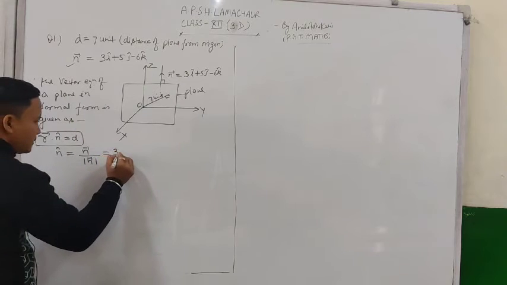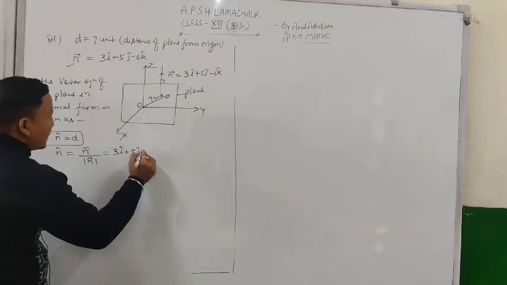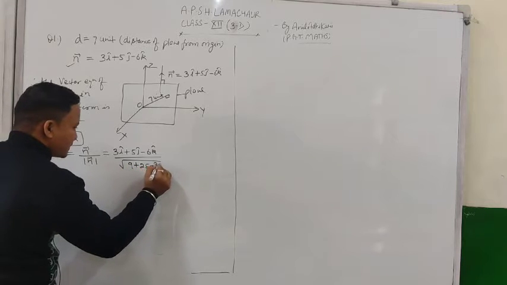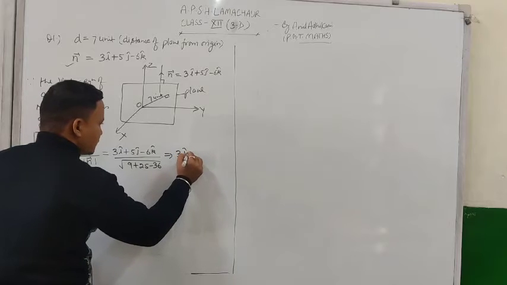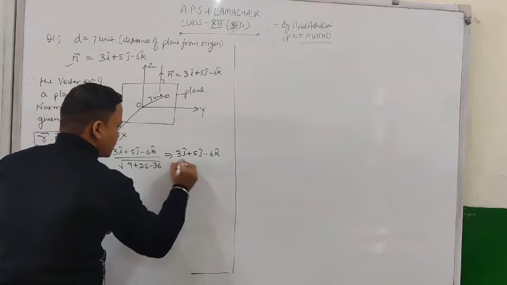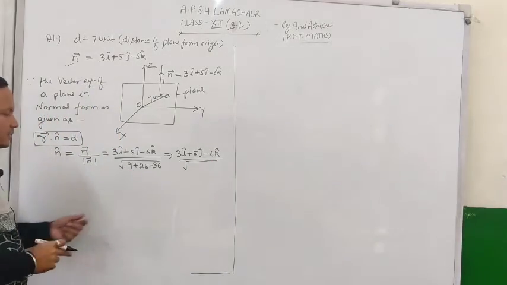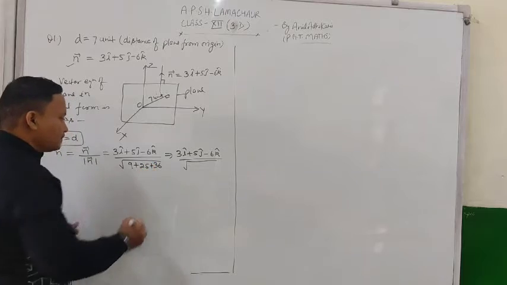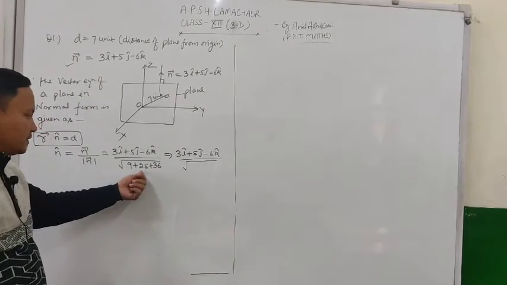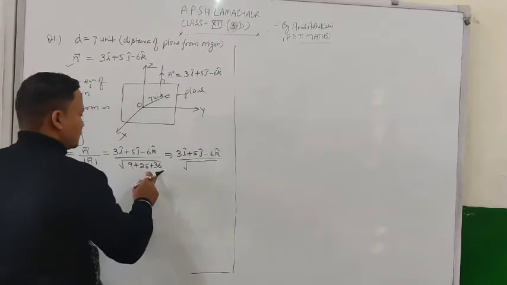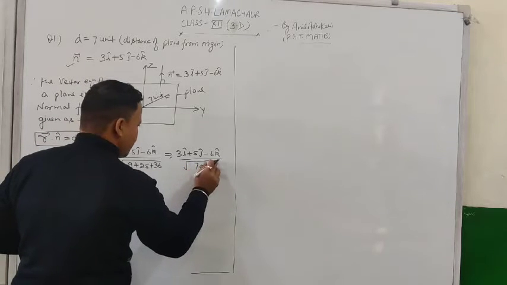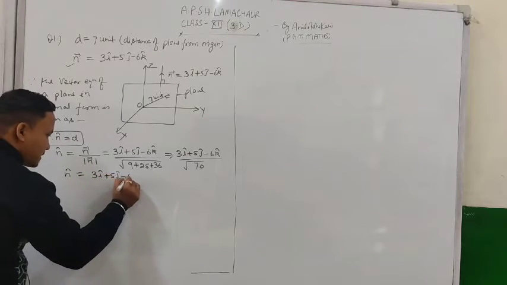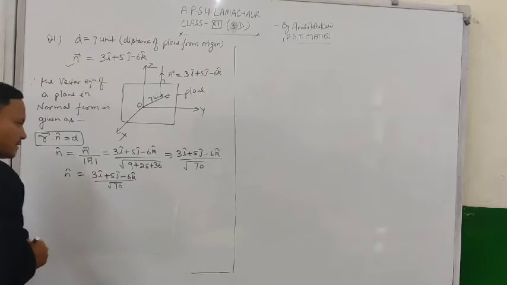The n vector is 3i plus 5j minus 6k, divided by its magnitude, that is root of 9 plus 25 plus 36. Sorry, it will be plus 36 here, dear. So 9 plus 25 is 34, and 34 plus 36 is 70, so root 70. So n cap is 3i plus 5j minus 6k divided by root 70.